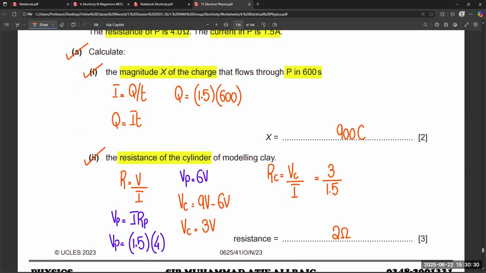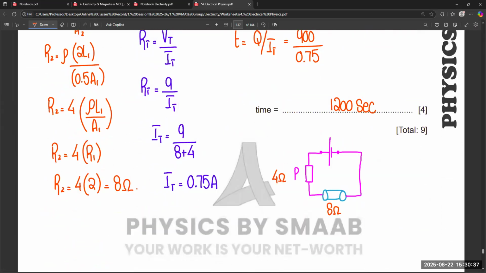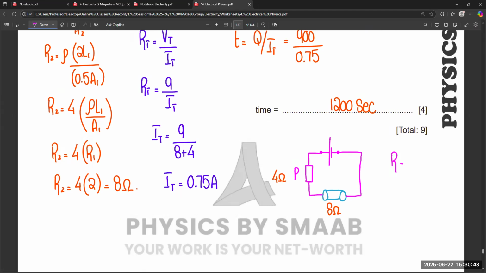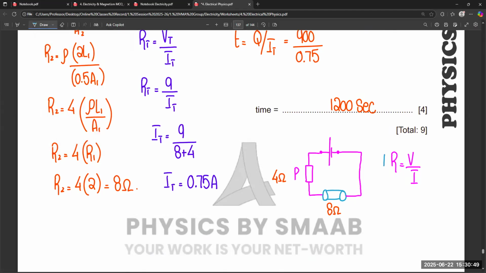So we operate that circuit on 1.5 ampere current. But now the value of resistance increases. And we know that according to this formula, the value of resistance increases means the value of current decreases.